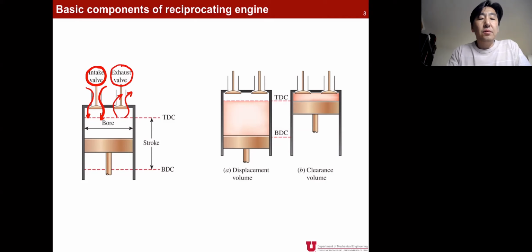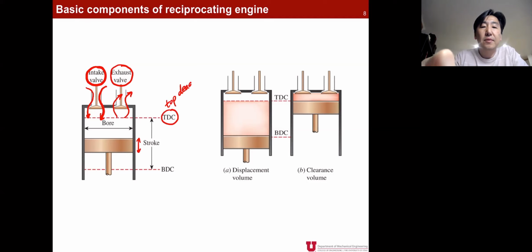Now, piston moves up and down, and there must be the highest point where the piston can go up. We call that position TDC, or top dead center. There's another position that piston can go down to.